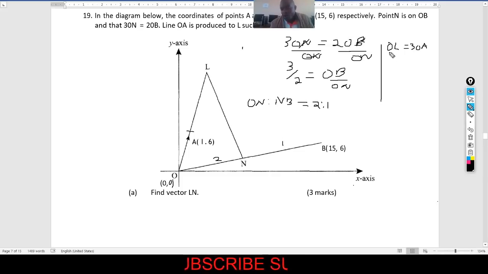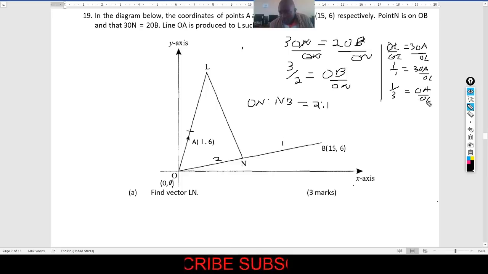If I divide by OL, I remain with 1 over 1 equals 3OA all over OL. I divide by 3, so it means 1 over 3 equals OA all over OL.